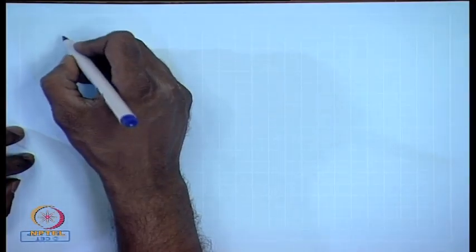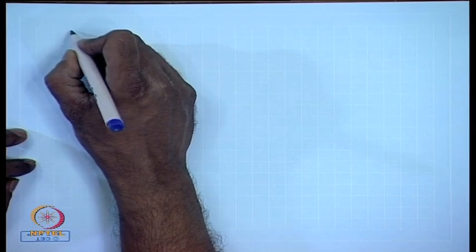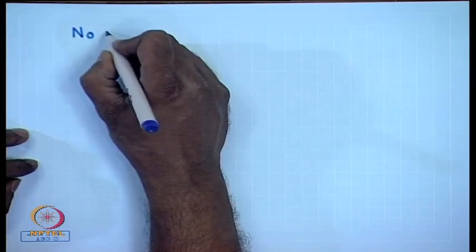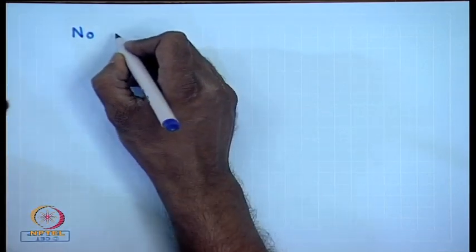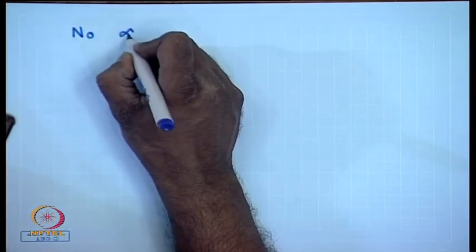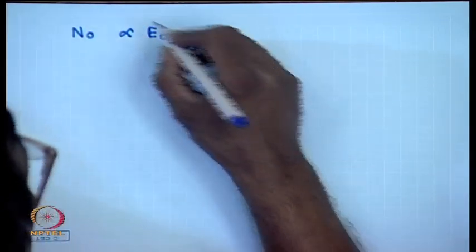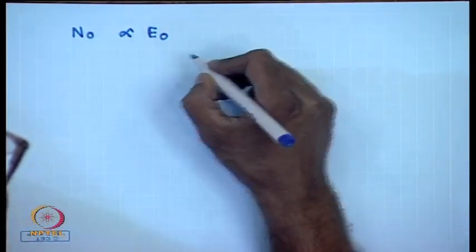So, what will be the no load speed? N0 is proportional to E0 because field current is the same.